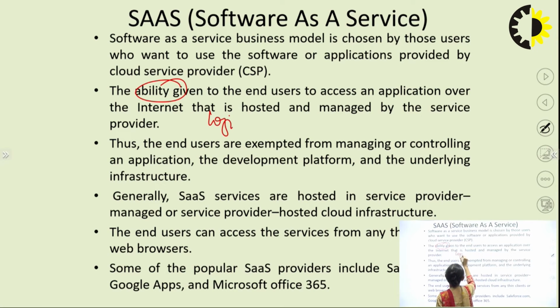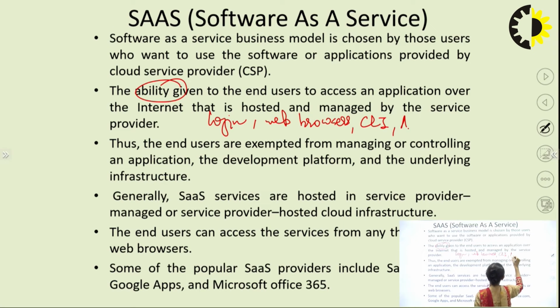And how is this ability given to the user? It could be with the help of login, it could be your web browsers, and it could be your CLI or APIs. Thus, the end users are exempted from managing or controlling an application. Everything is done by the CSP in this case, and the development platform and the underlying infrastructure are also with the CSP.